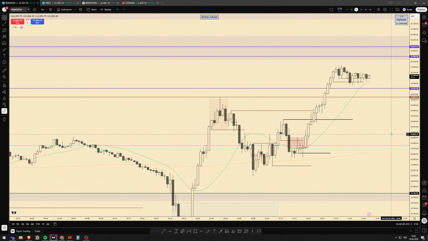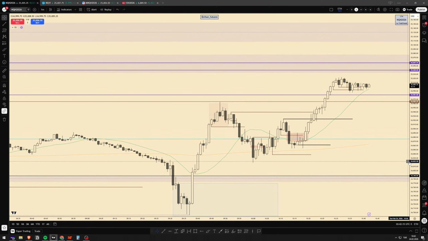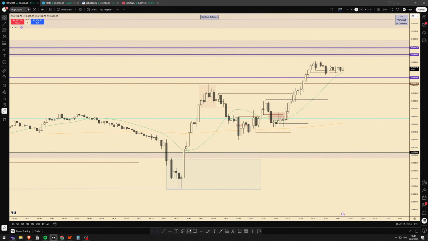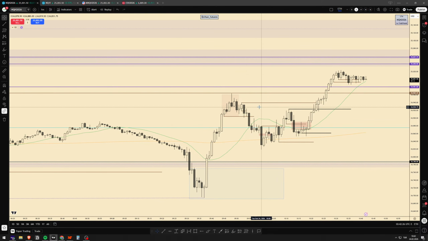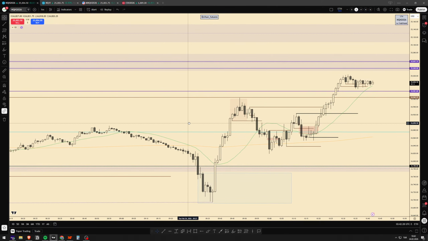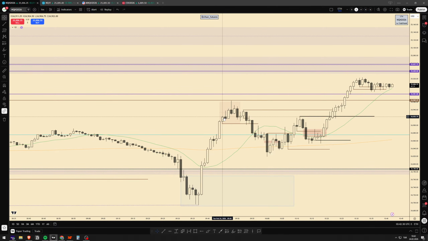And when I zoom out, well, it actually seems pretty clean, pretty obvious, right? Price just created a complex retracement, and I couldn't handle it because I couldn't handle the loss over here. That was my situation.